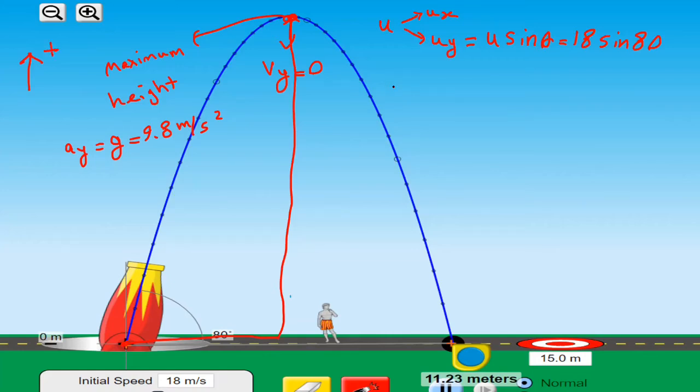So I can use this formula, v squared equals u squared plus 2as, that I can change to Vy squared equals Uy squared plus 2 Ay Sy. And we know V is 0, so I put 0 squared, equals Uy squared plus 2 Ay Sy, and as the upward direction is positive, Ay is negative.